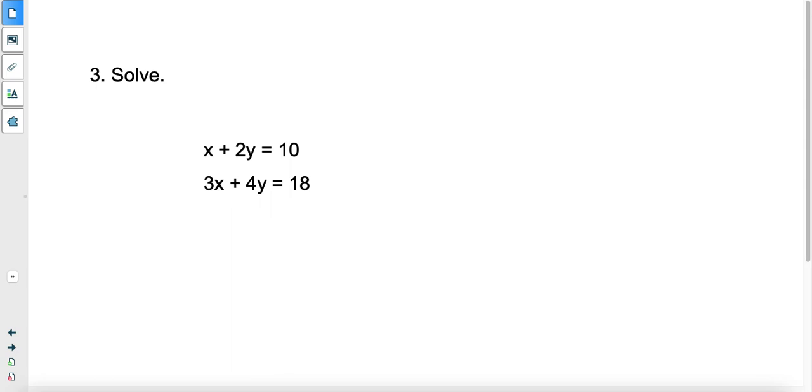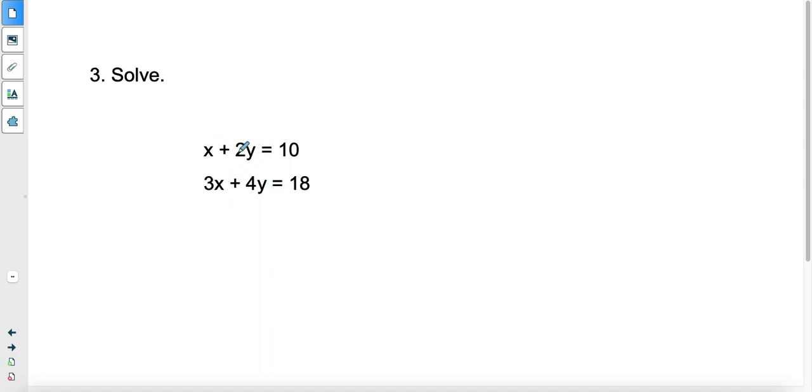Okay, here I have x plus 2y is equal to 10, and 3x plus 4y is equal to 18. How can I solve this for x and y? Well, what I want to do here is get x or y by itself.